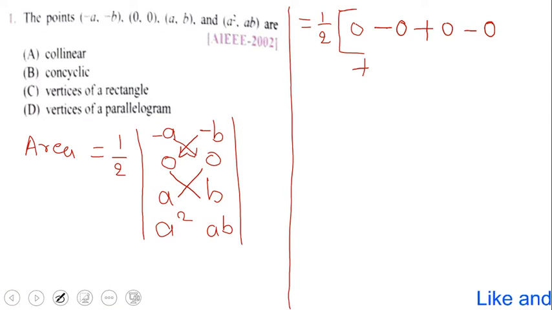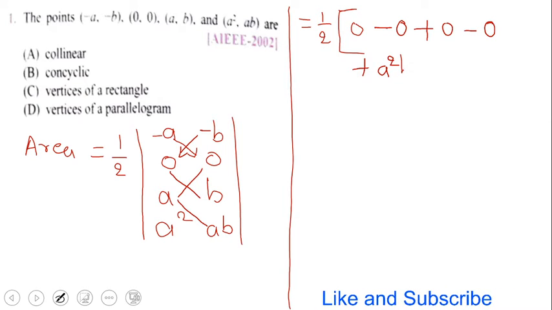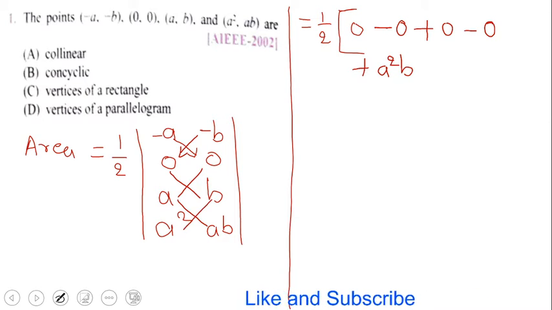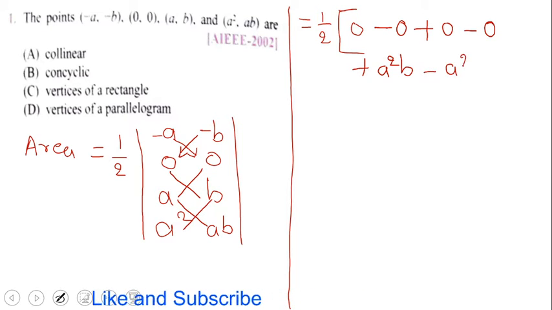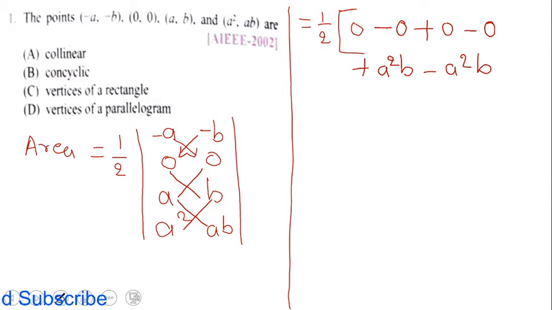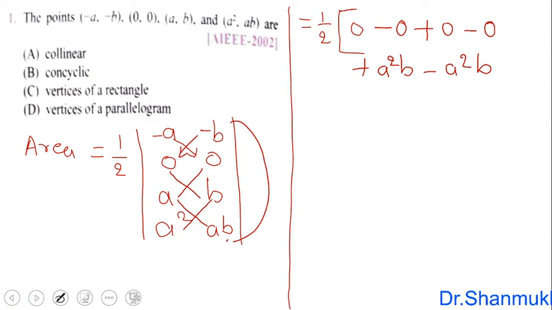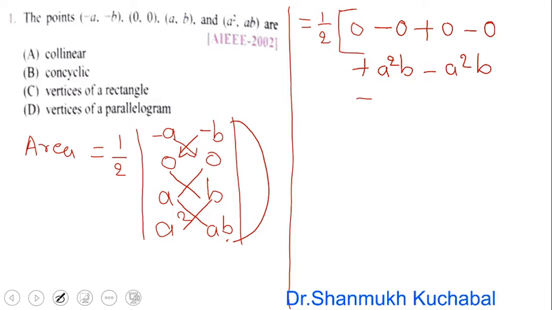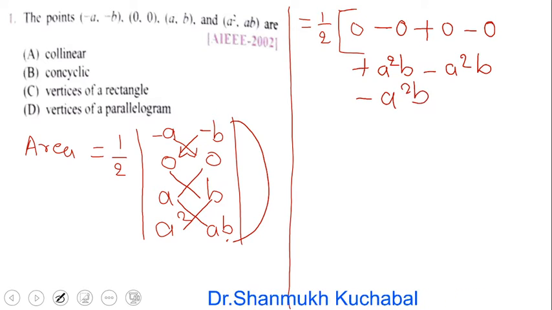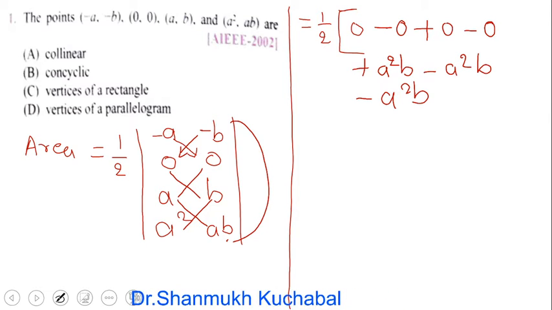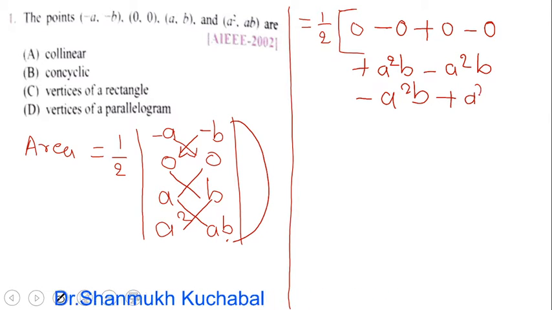Next, plus a into ab gives a²b, and b into a² gives a minus sign, so minus a²b. Next we multiply ab into -b, giving minus a²b, and then ab into -a, minus into minus gives plus a²b.